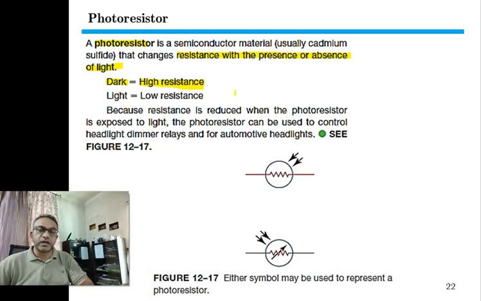However, when there is enough light, we will get a low resistance across the anode and cathode terminal, and when we have low resistance, large current can pass through the photoresistor.